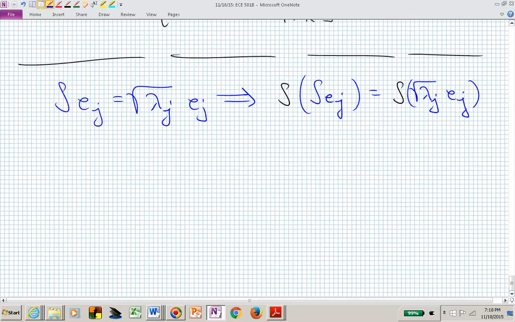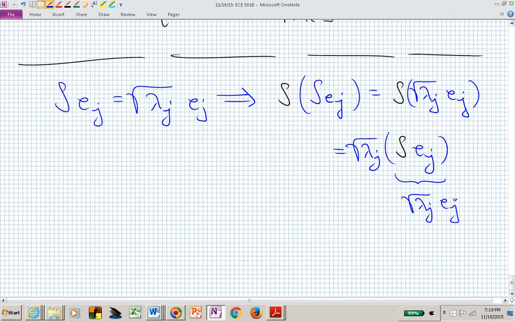But the square root of lambda_j is a scalar, so that can be slid to the left of S, so that now we have the square root of lambda_j times S e_j. But now S e_j, by definition, is the square root of lambda_j e_j. So now we have the square root of lambda_j times the square root of lambda_j. That just gives us lambda_j times e_j.